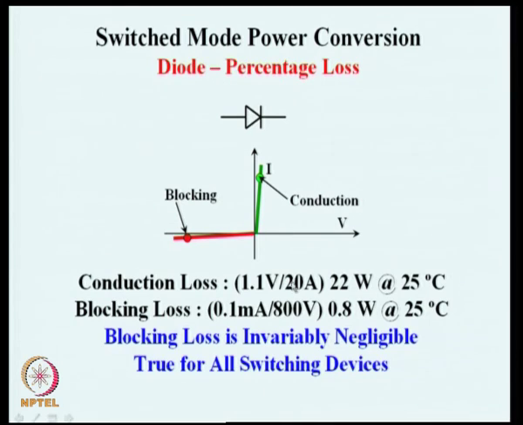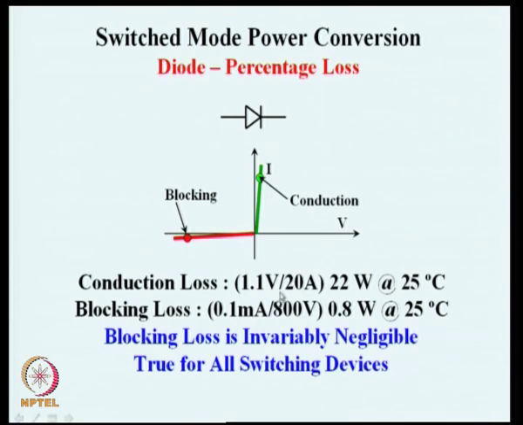this diode. But you can see that in relation to 16,000 watts, while the device is on, it drops just about 22 watts, which is just about 1/10 of 1%. The conduction loss is 1/10 of 1%. So, you can say that this diode is almost as good as an ideal switch.